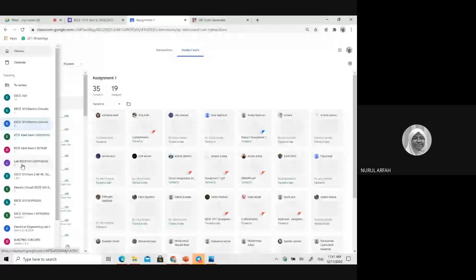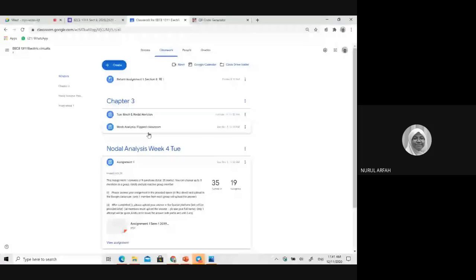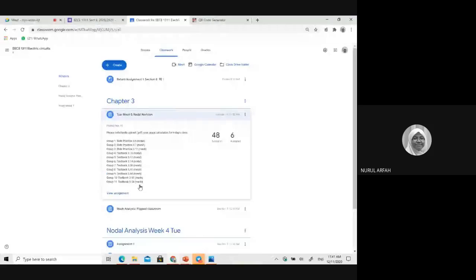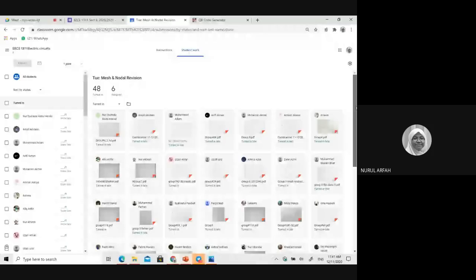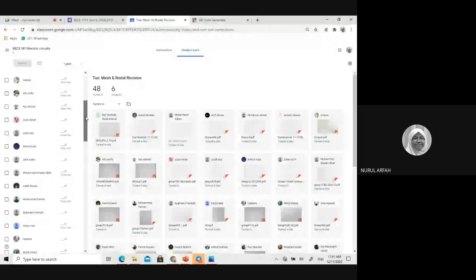Classwork. Okay, so nothing is written. Ada yang dah written, right?